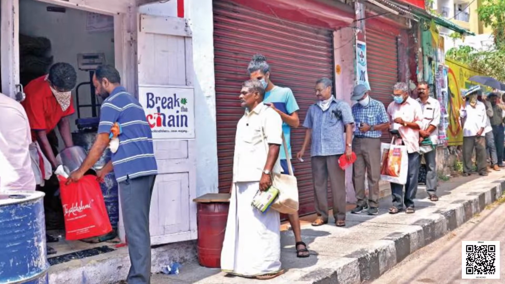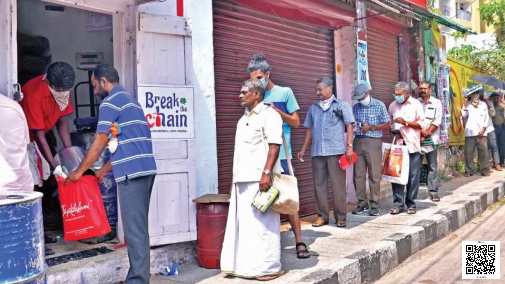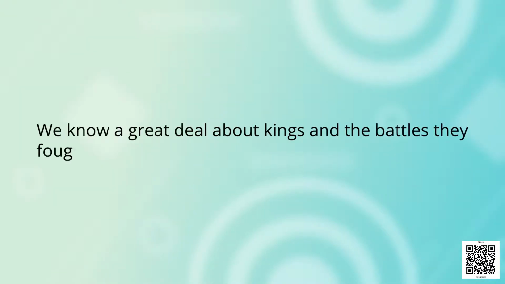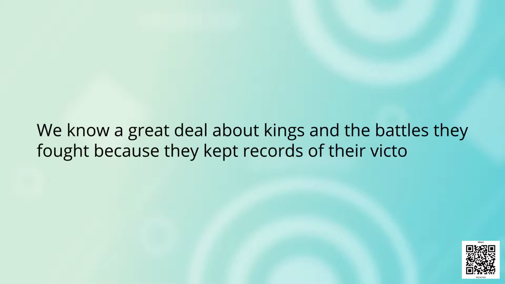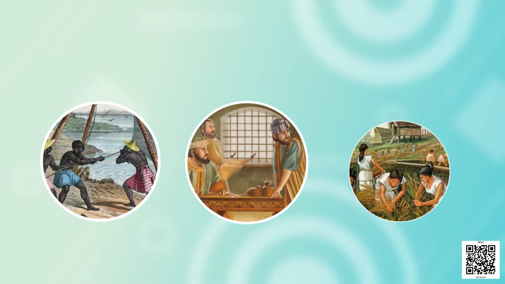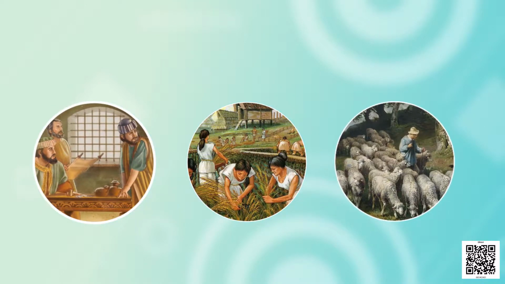Besides, there is another kind of difference. We know a great deal about kings and the battles they fought because they kept records of their victories. Generally, ordinary people such as hunters, fishing folk, gatherers, farmers or herders did not keep record of what they did.